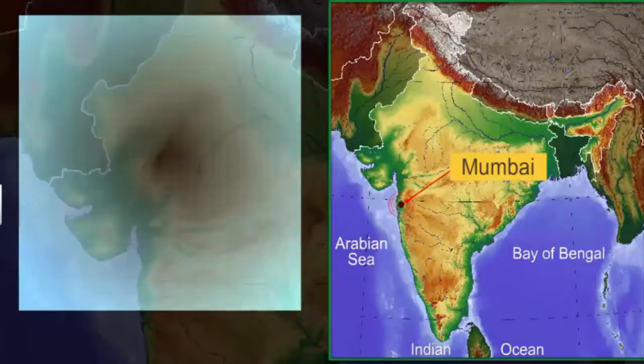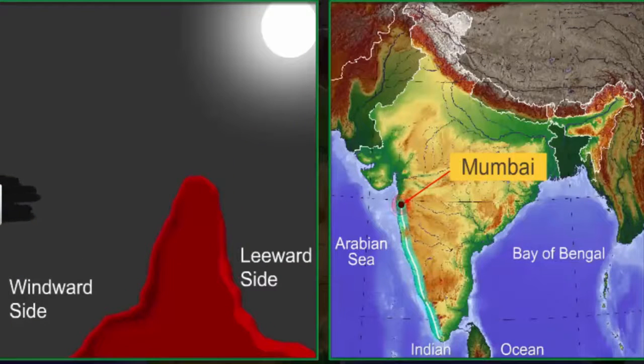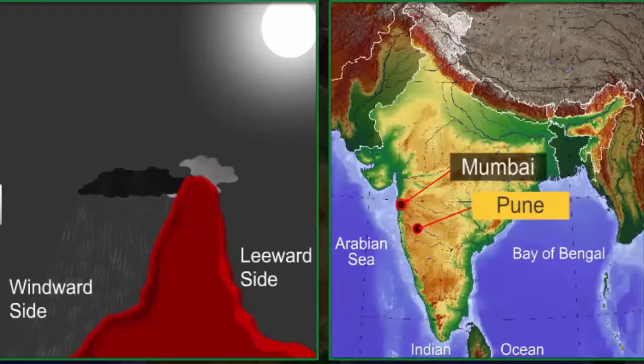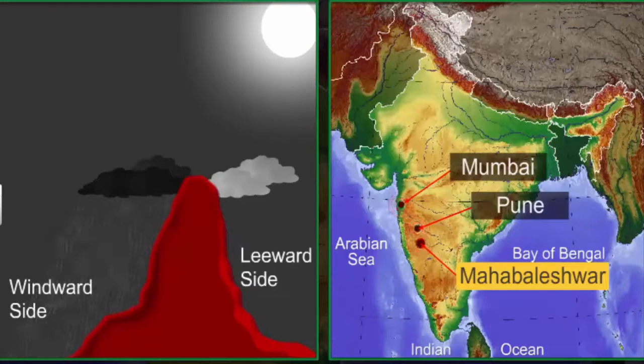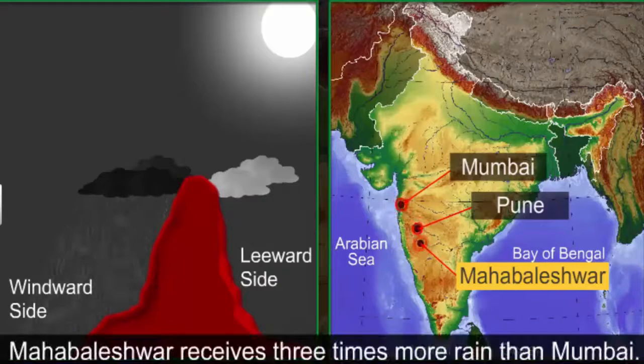Mumbai lies on the windward side of the Western Ghats and hence gets much higher rainfall as compared to Pune, which lies on the leeward side. Mahabaleshwar, which lies at the peak of the Ghats, receives almost 3 times the rain that Mumbai receives.